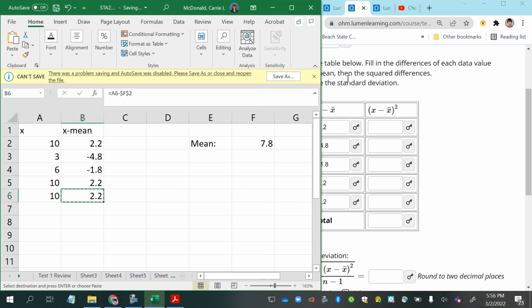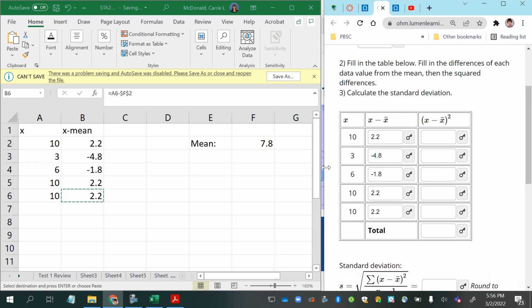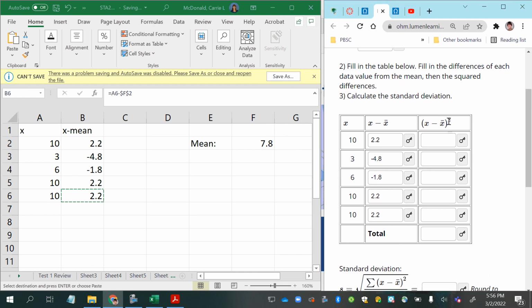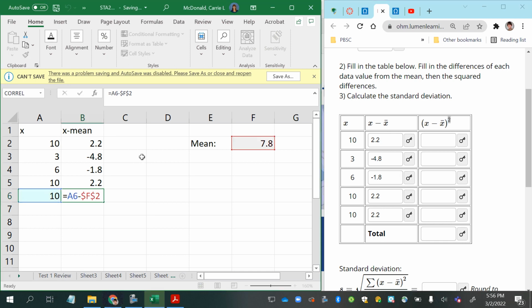Okay, then after I got that done, I want to now do the next step in the table, which says to square the quantities in this table. So we're going to just make that this right here, we'll call it the squares. You can put anything you want here that helps you remember what you're doing, but we're going to take each of the differences and raise it to the power of 2.